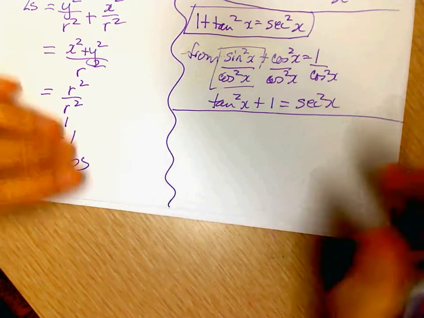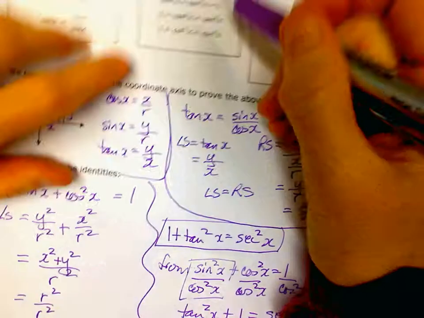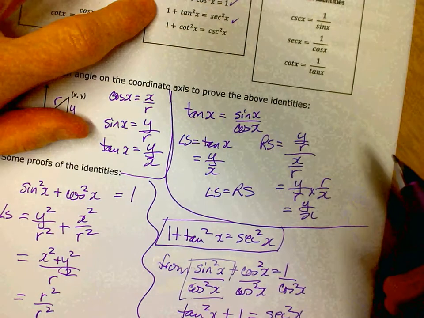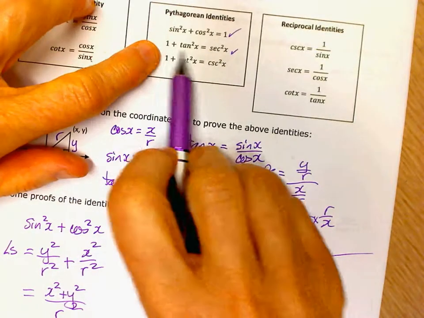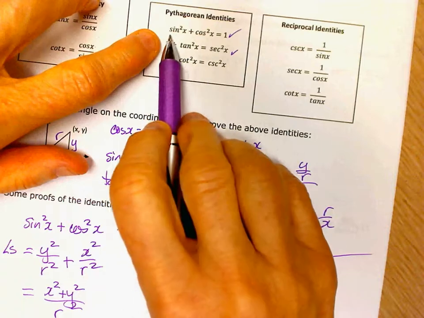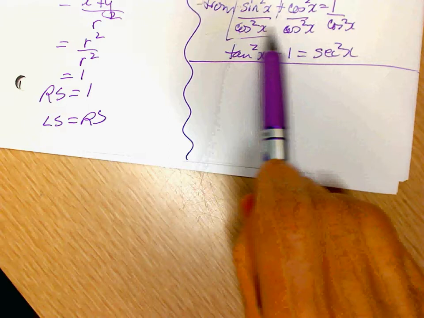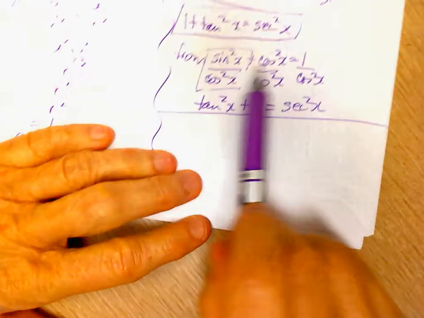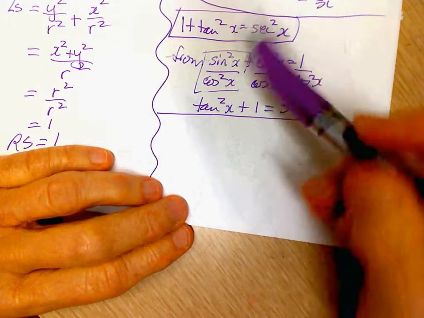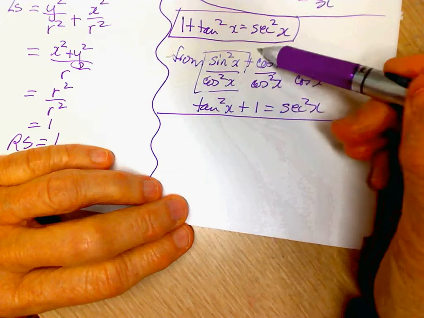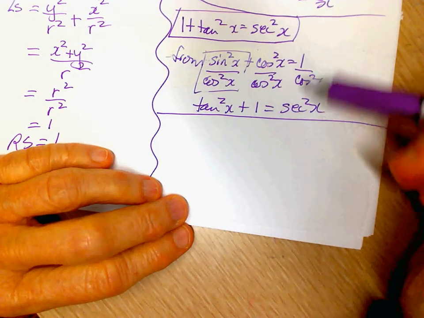See how you can derive this one from this one? That's all I did. If I just go through and divide everything by cos squared x, I'm not really changing anything. This is tan squared x, that is 1, and this is secant squared x.